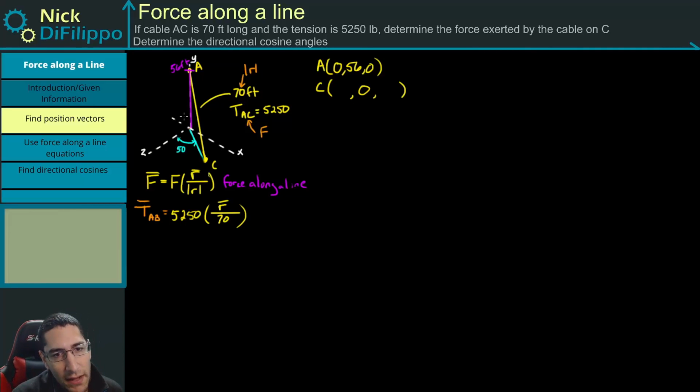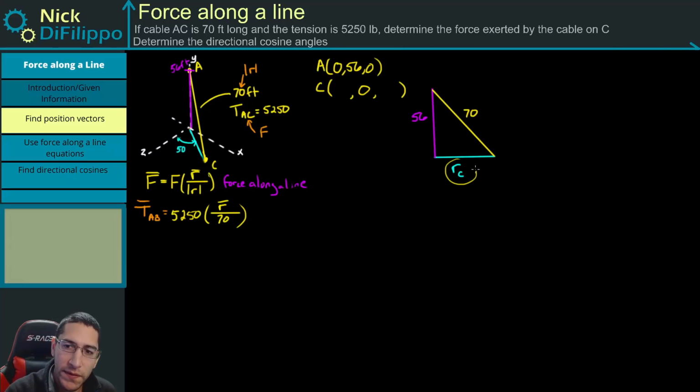Well, if I look at the force from this direction, and I will draw this. So this right here is some length, we'll call this RC. Going up, I have a length that is 56. And going across, I have a length, or this hypotenuse, a length that is 70.